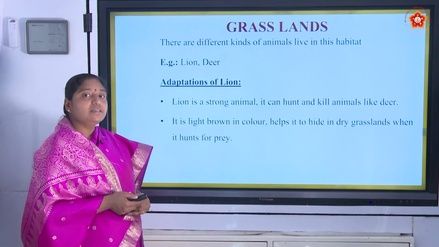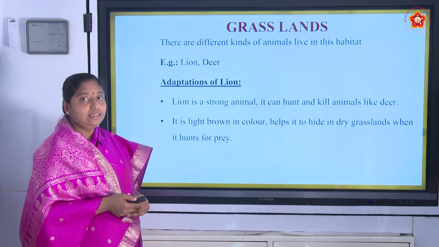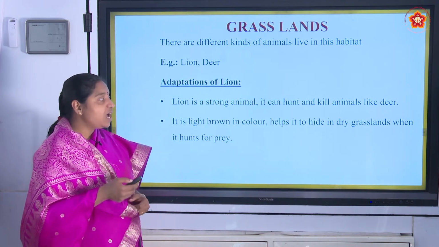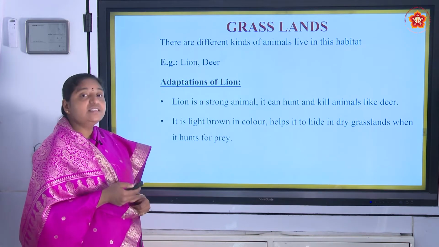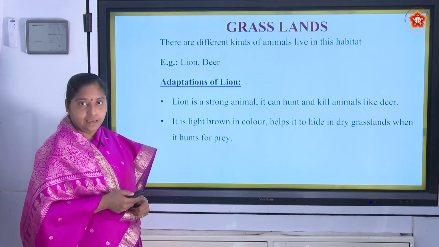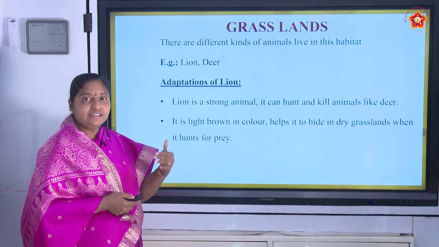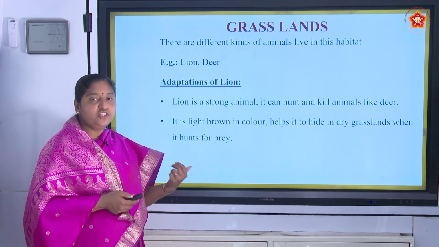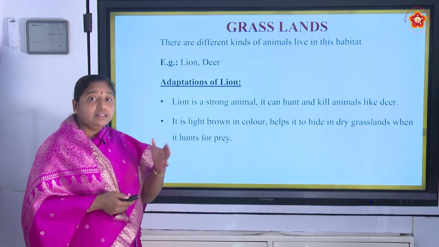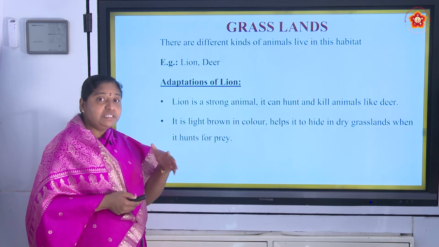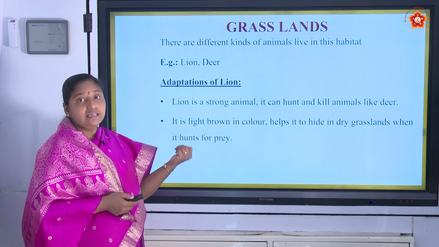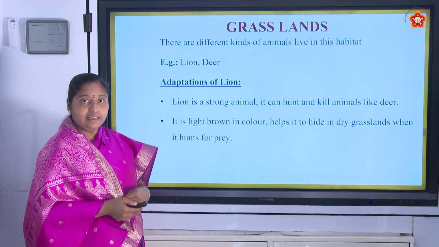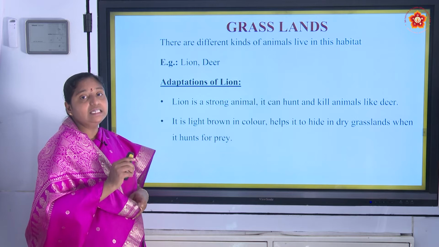It is light brown in color and this helps it to hide in dry grasslands when it hunts for prey, because this body color is matching with the background, that is the dry grassland, and the other animals don't know that the lion is hiding behind the dry grasslands because the color is matching.